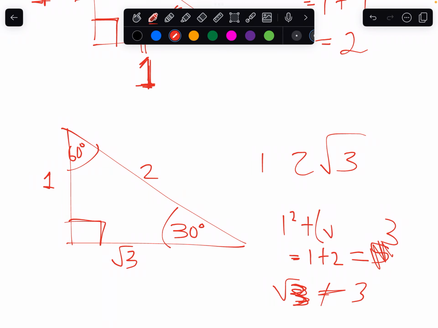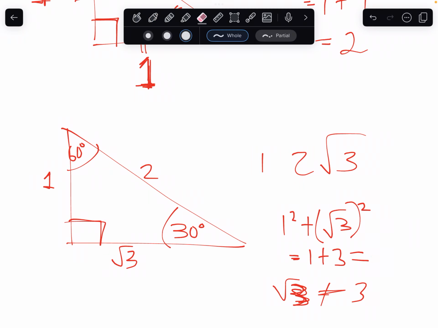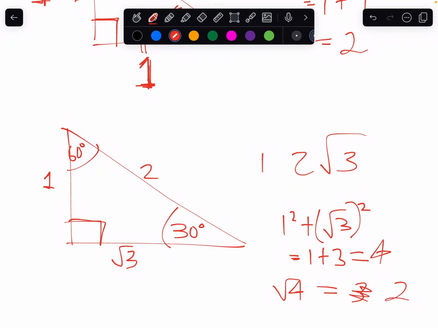So we can double check here. If I say 1 squared plus root 3 squared, that gives me 3 over there, and 1 plus 3 is equal to 4. And the square root of 4 is equal to the other side, which is 2. Right, so these are the correct 3 sides. It's 1, 2, and square root of 3, right?